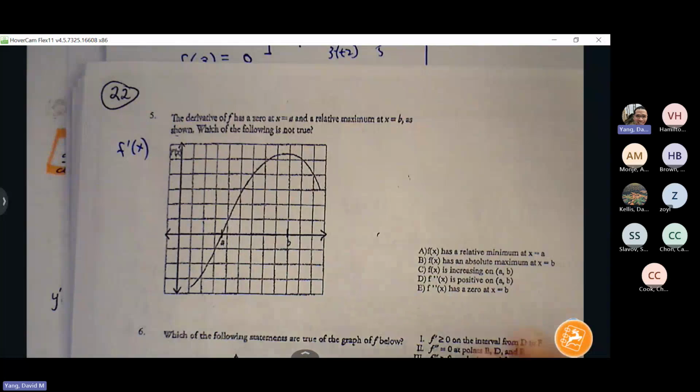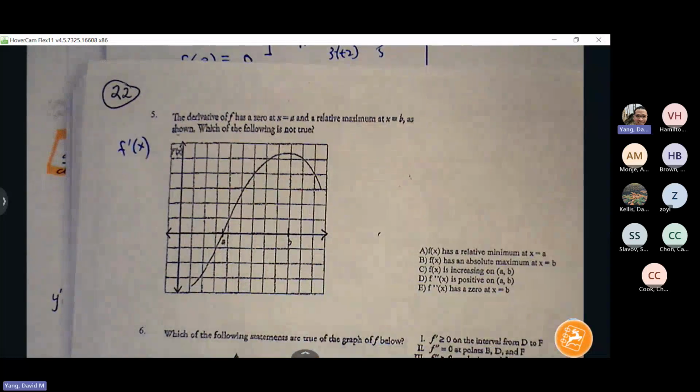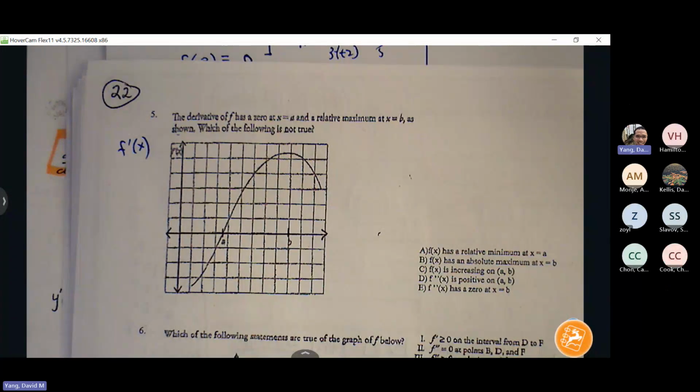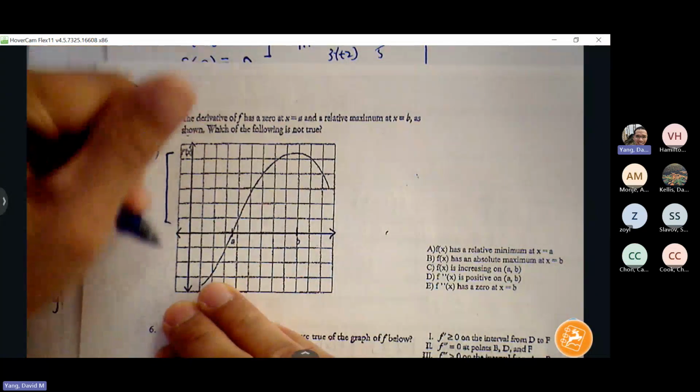Well, before we even look at our options here, why don't we create our slope and concavity sign line? Just good practice for us, right? It's also good when we're trying to sketch out our derivative graph to be able to create our sign line. So let's go ahead and label what we know to be true.